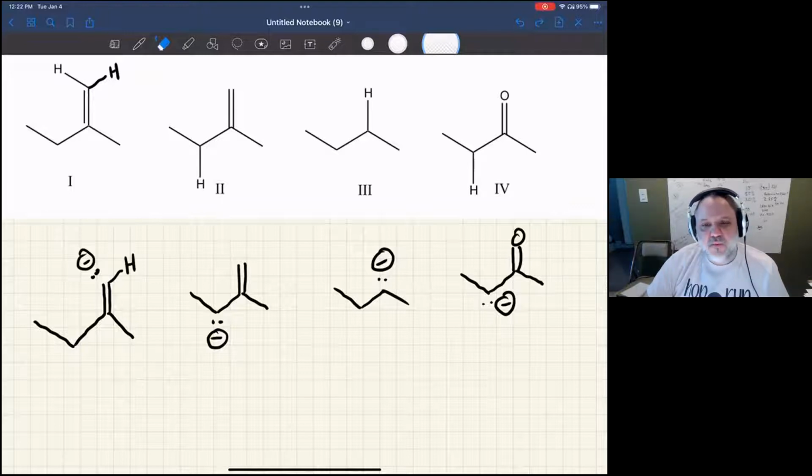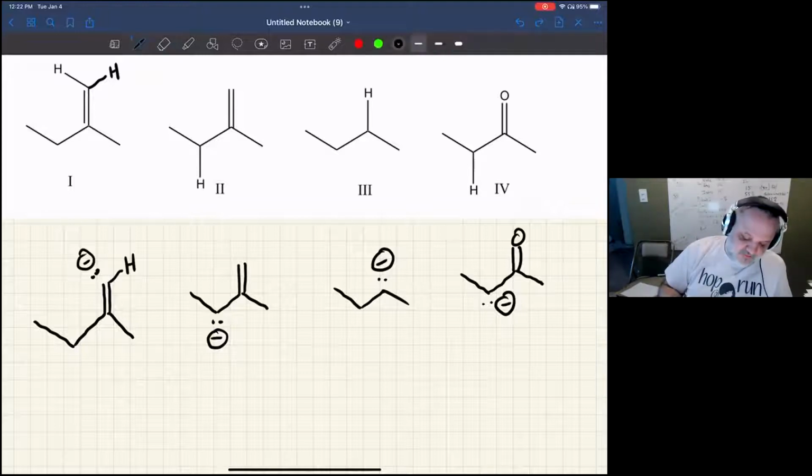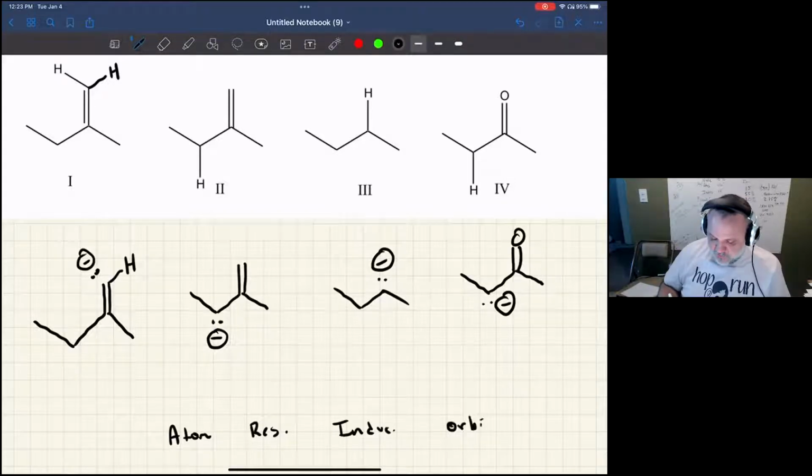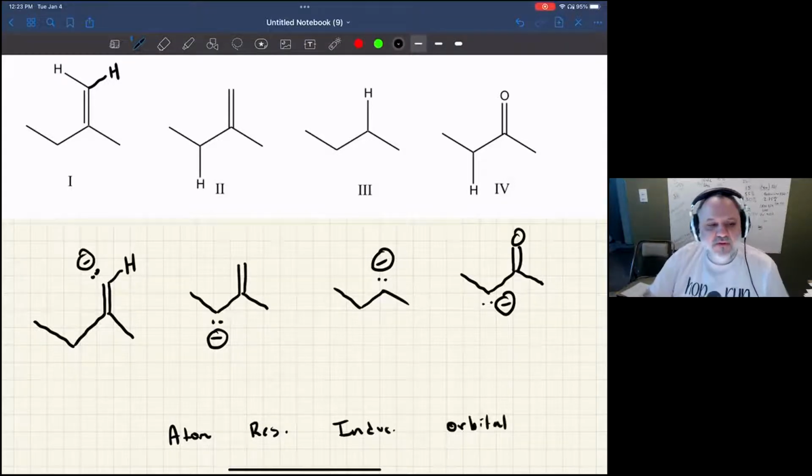So let's take a look. When we consider conjugate base stability, we typically consider the atom, we consider resonance, we consider induction, and we consider orbital. One of the things that we know about orbitals is that sp2 orbitals are typically more acidic than sp3 orbitals.